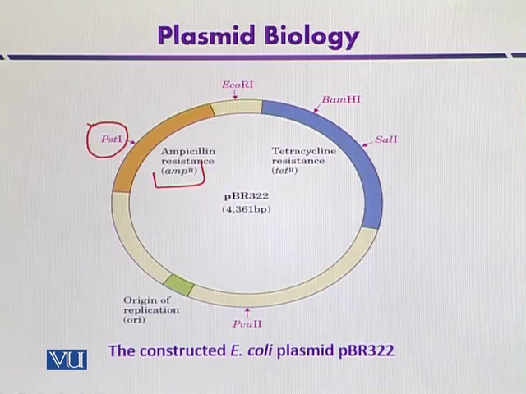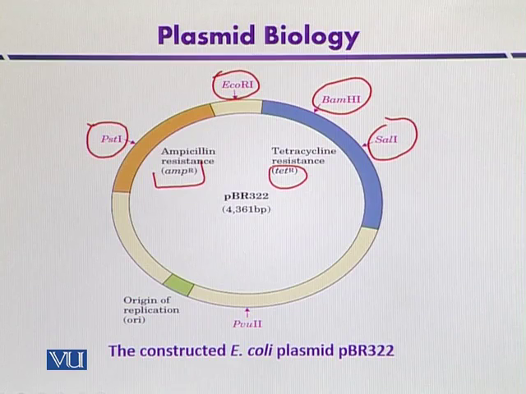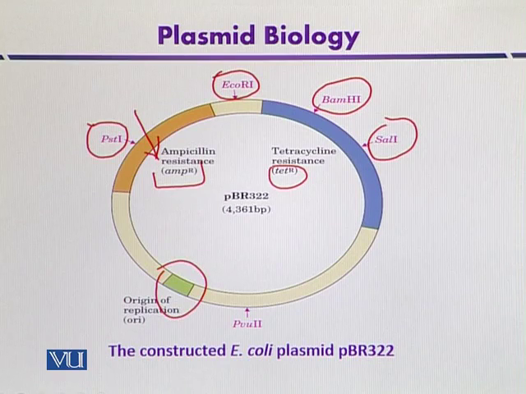Similarly, within the gene of tetracycline resistance, up to 13 restriction sites may be present, and it is only indicated by 3 sites here in this picture, like sites for EcoRI, BamHI and SalI. So whenever we insert foreign DNA here in this tetracycline resistance gene, it will cause its inactivation, and sensitivity to tetracycline will also act as a selectable marker, and the same is the case for ampicillin resistance if we insert foreign DNA here. This is the origin of replication that is taken from another source.